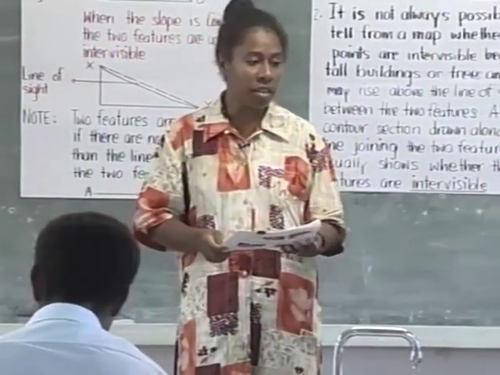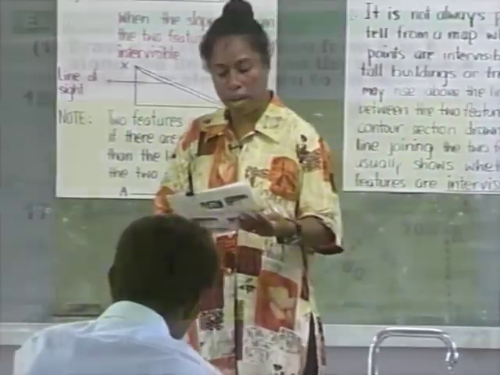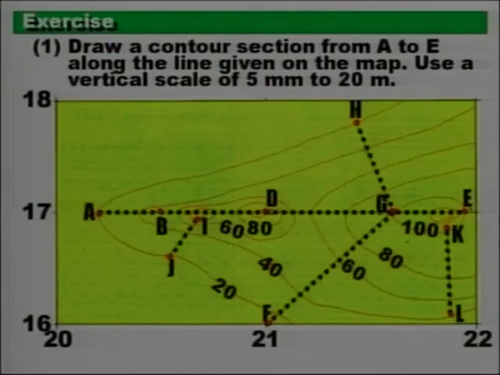Okay, let's look at the questions you have been asked to complete for our work on mapping skills. First of all, the map given. The map contains contours, lines representing the different slopes which you have to identify.